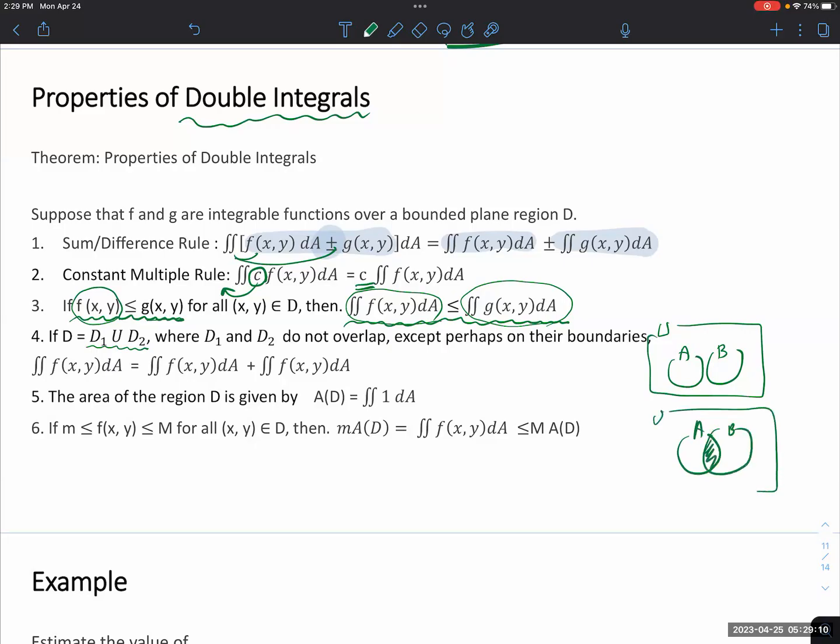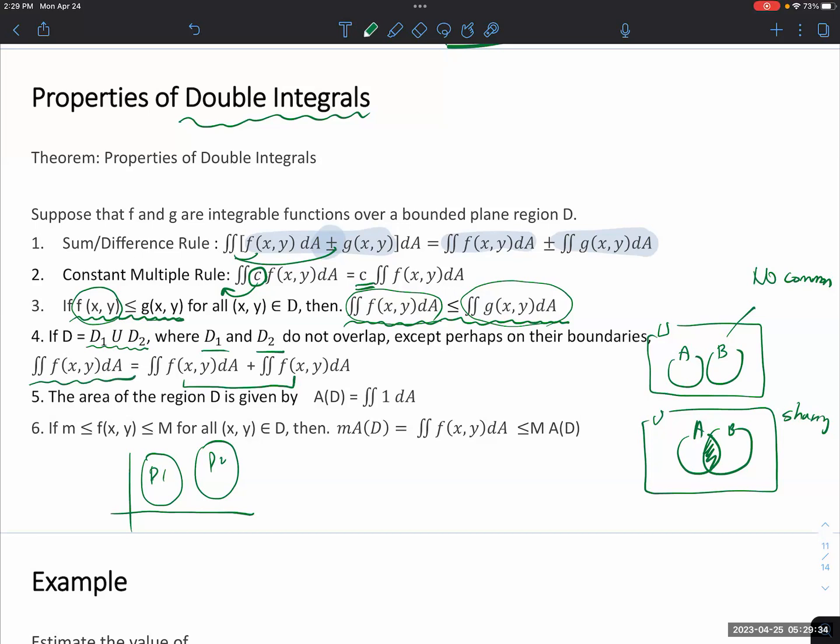What is the difference between the 2? This has no common area. This is sharing, there's a common area. So what I'm saying is, if D1 and D2 don't overlap each other, so you have the D1 area, you have the D2 area, they're not sharing anything, you can separately add them, and it's going to be the same answer, D1 and D2. That's what that means, okay?